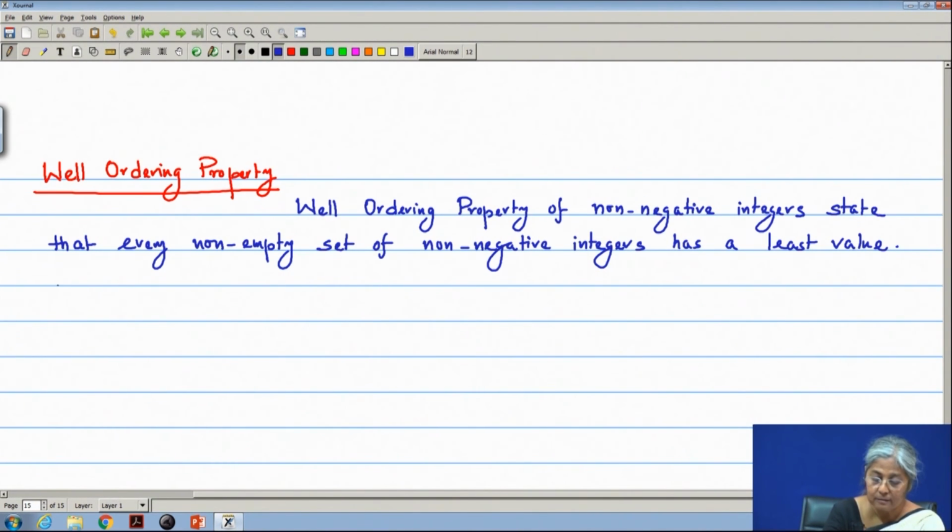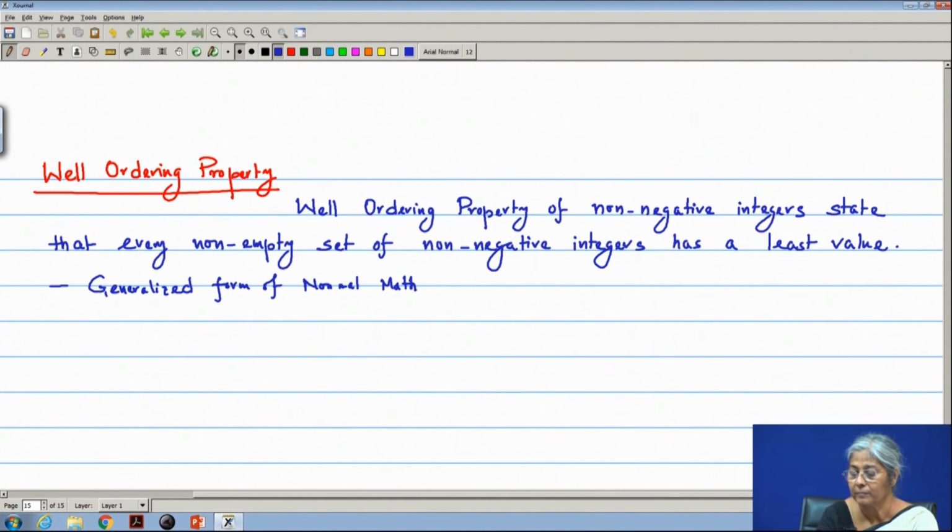And this simple statement is the generalized form of the normal mathematical induction as well as the strong form of mathematical induction.